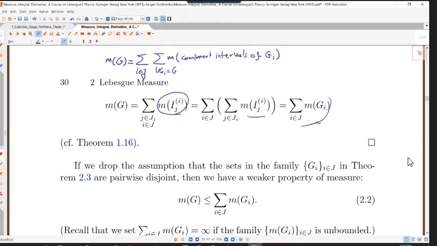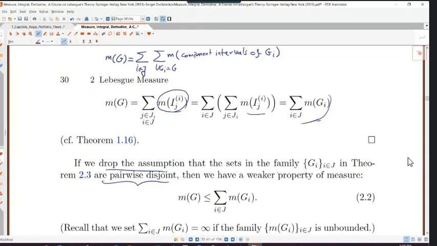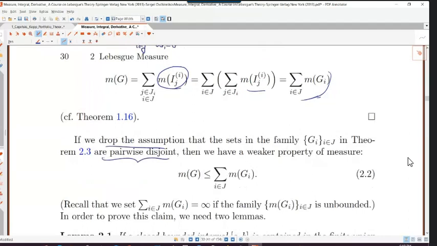Now, if we drop the assumption that the family in the theory are pairwise disjoint, then we have a weaker property of measure. You have something like this in the lesson of probability.